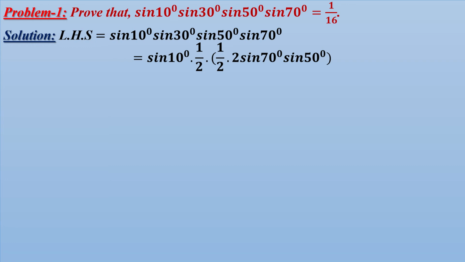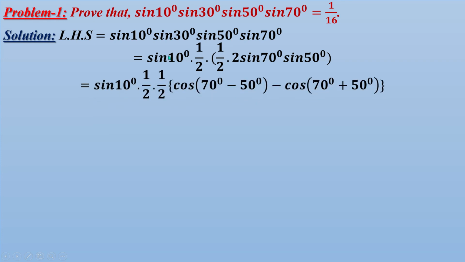I have explained this in my previous slide. Now follow. This is fixed, this is also fixed. This makes the formula cos(A minus B), where A means 70 degree, B means 50 degree, minus cos(A plus B), where A means 70 degree, B means 50 degree.